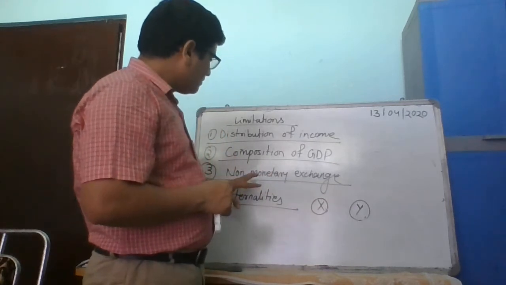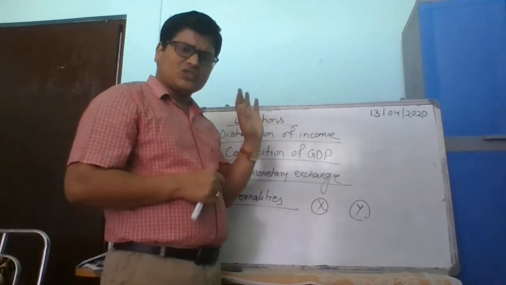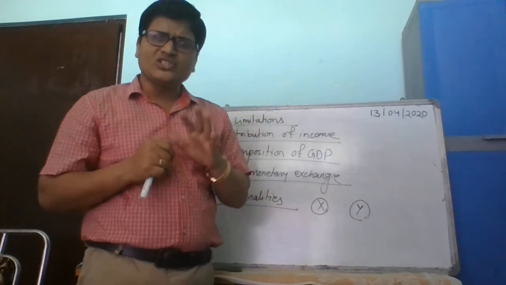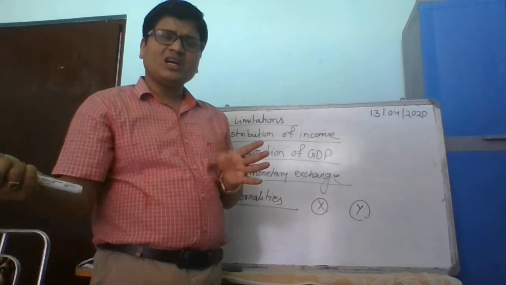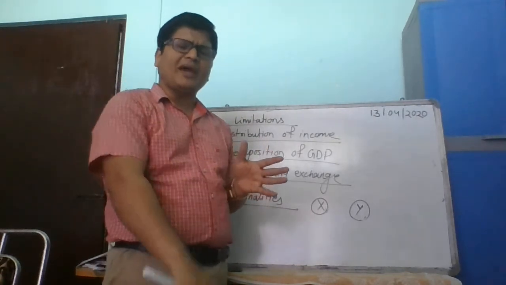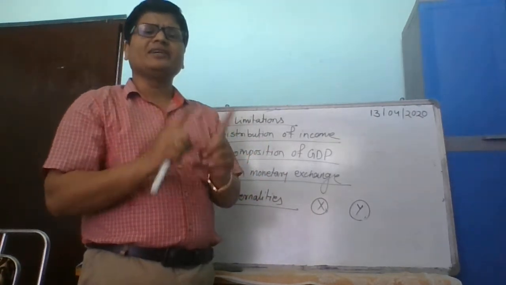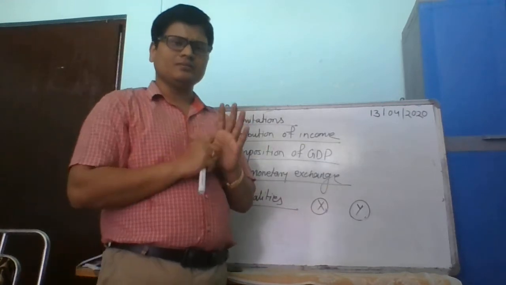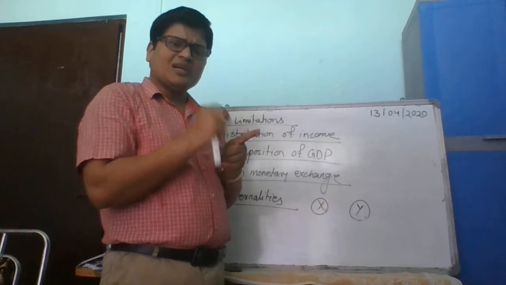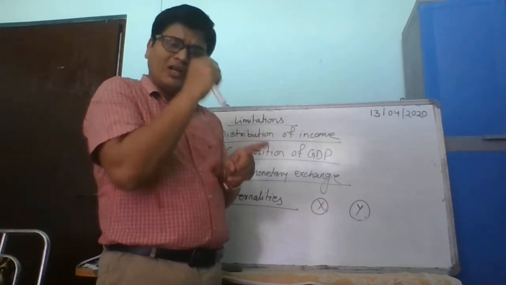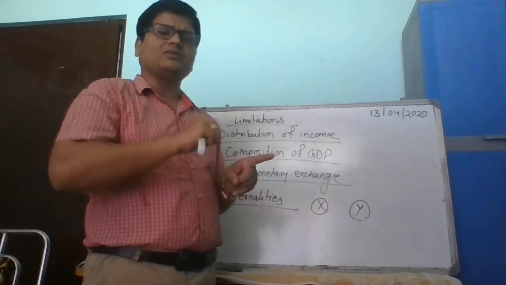In GDP calculation, we do not consider the positive impacts and the negative impacts of different economic activities. We only measure the money value of that economic activity.